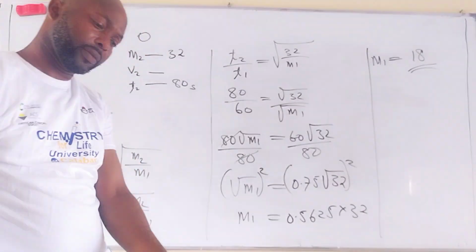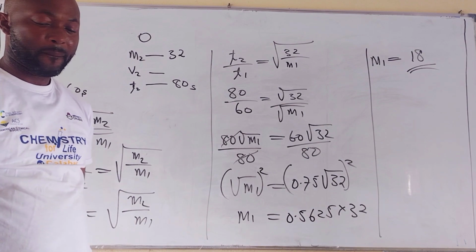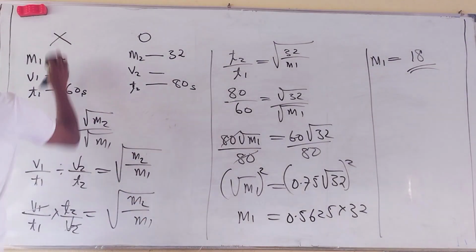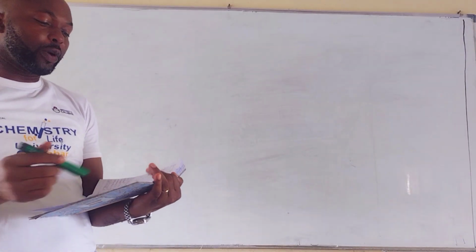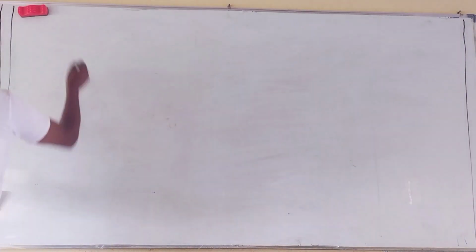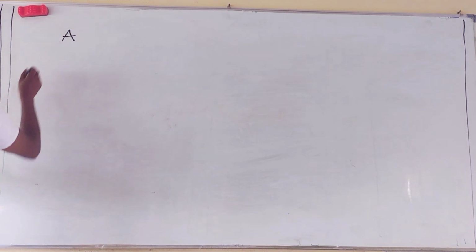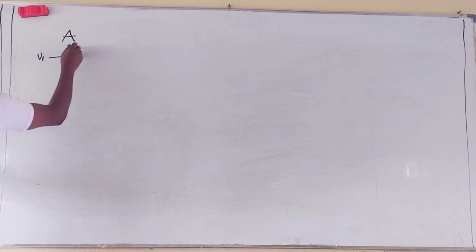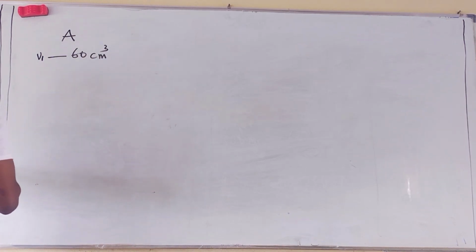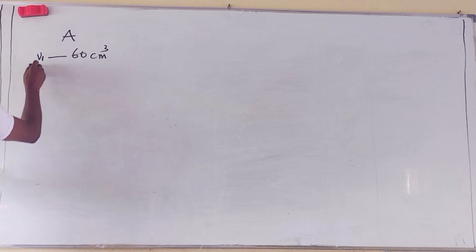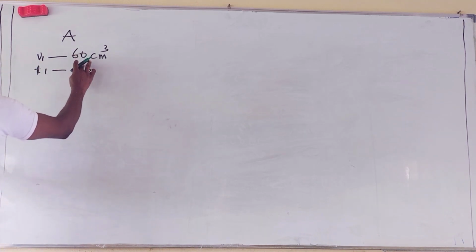Okay, let's take another question. Am I clear? 60 cm cube of a gas A. So this is a gas A, 60 cm cube. So V1 is 60 cm cube of a gas A that diffuses out in 8 seconds. T1 is 8 seconds.